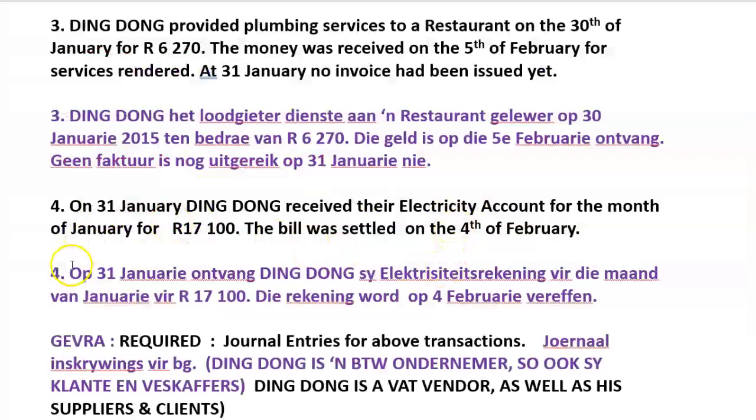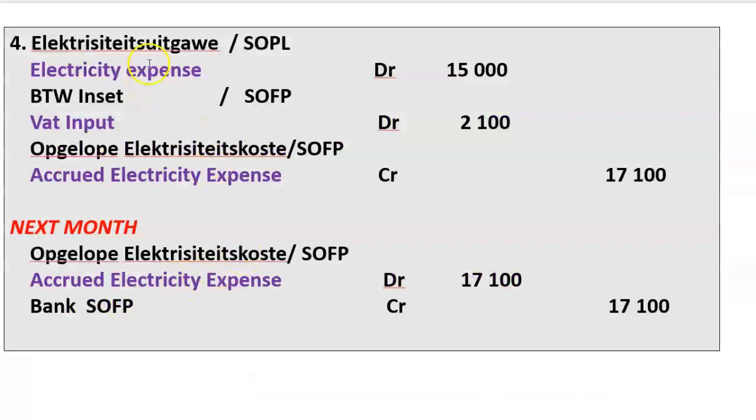The last one, on 31 January, Ding Dong received the electricity account for the month of January for 17,100. The bill was settled on 4th of February. Obviously, it's an obligation that I have to record in my books. I have received an invoice, so there is definitely a VAT input that I can claim. So my expense account, statement of profit and loss, will be debited with a VAT exclusive amount of 15,000.